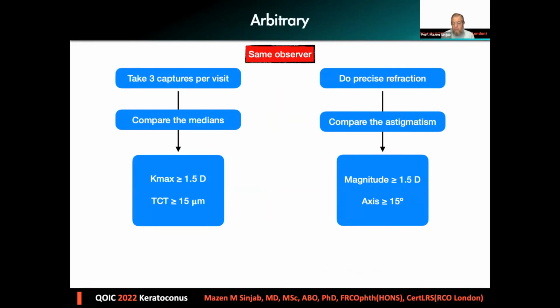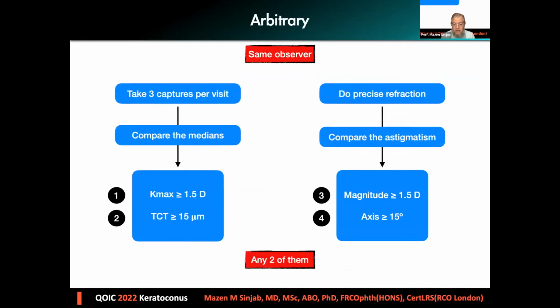The arbitrary method is to do 3 captures per visit by the same observer and compare the medians, in addition to doing precise refraction and comparing the astigmatism. There are 4 variables. The first one is a change of Kmax of more than 1.5 diopters, and the second is thinning of more than 15 microns.